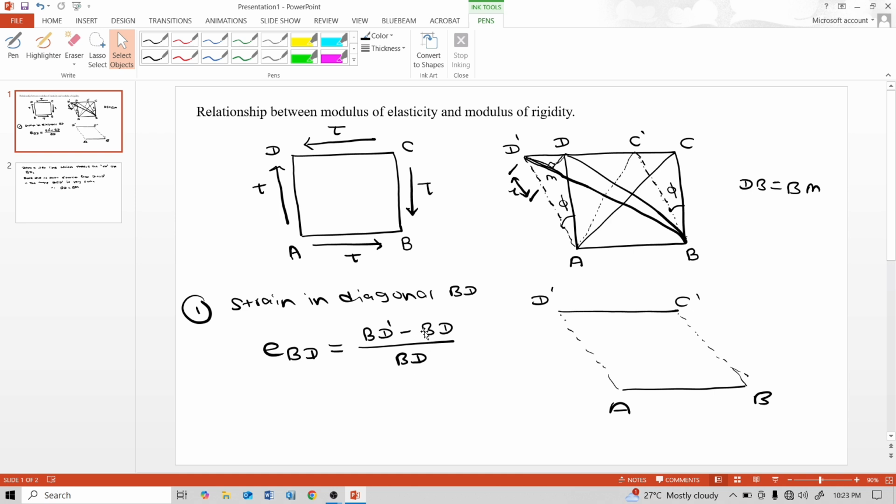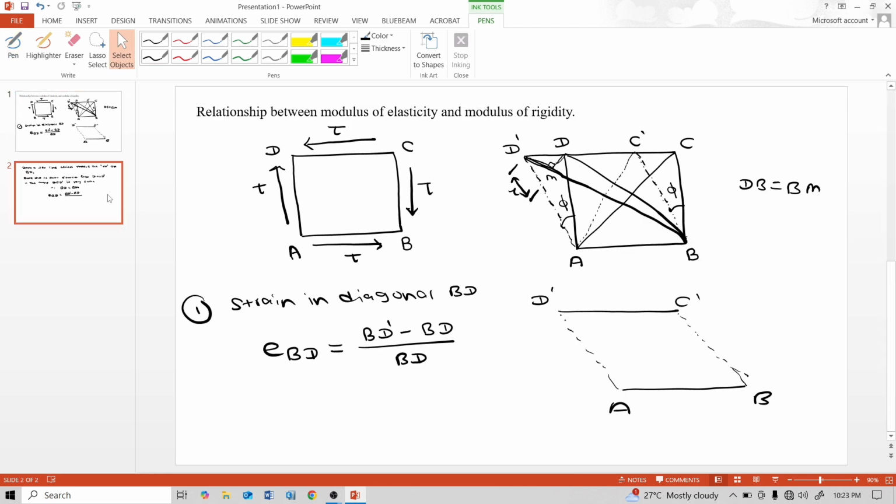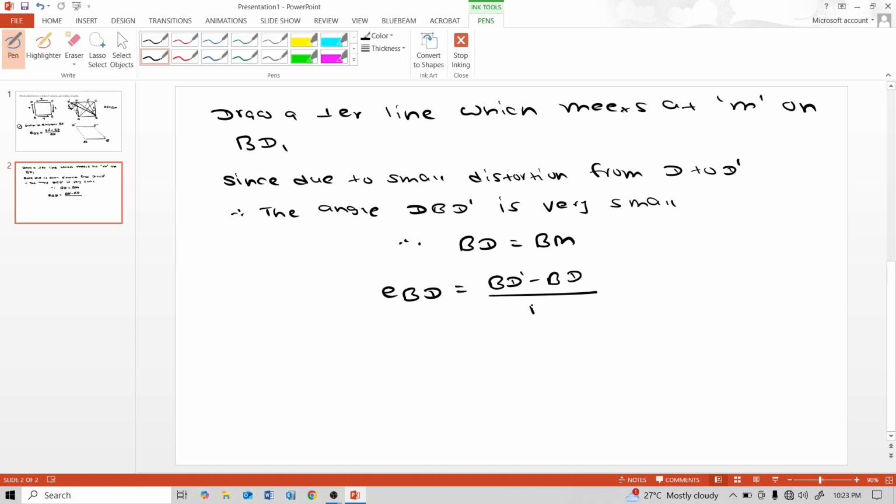Put BD equal to BM, so the strain is BD dash minus BM upon BD.